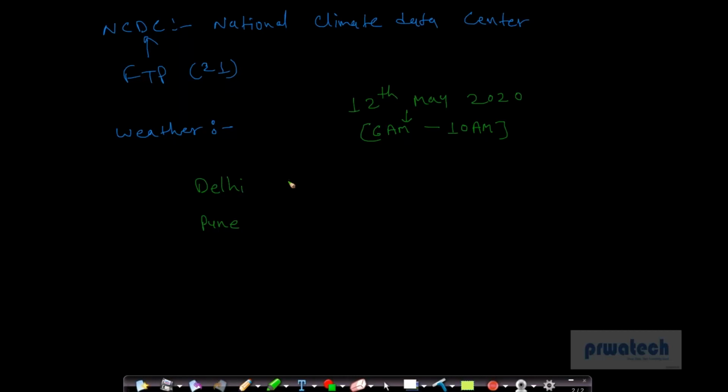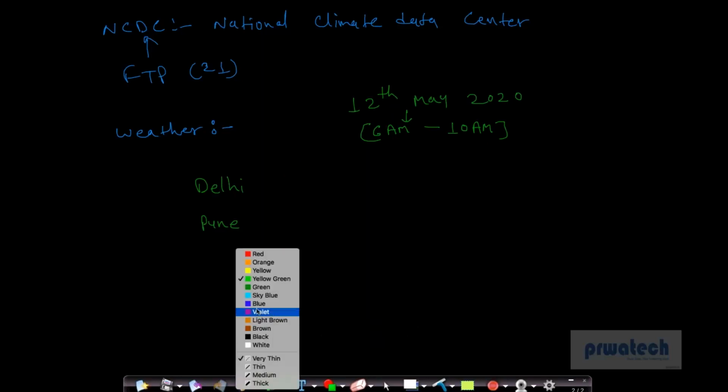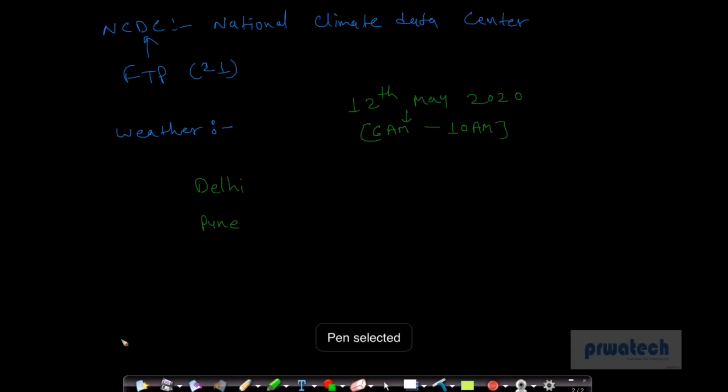Let me take the date also, and strictly here your date follows one signature, which is YYMMDD. So your data should be in this format. Remember, let me write a note here.